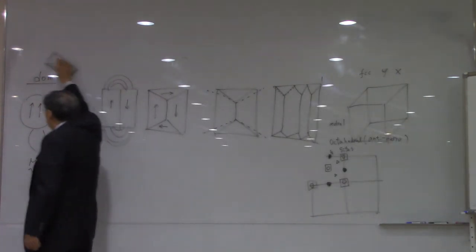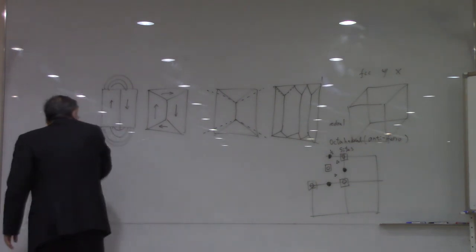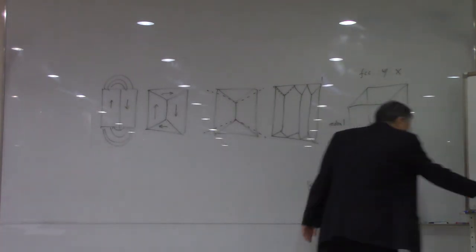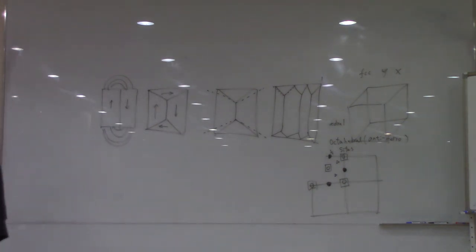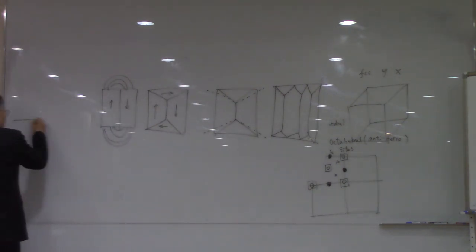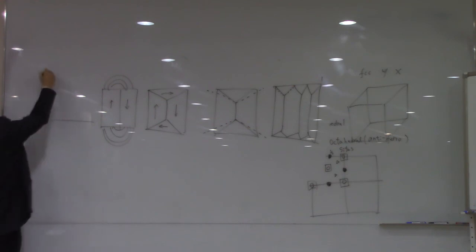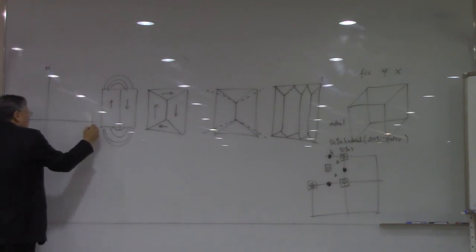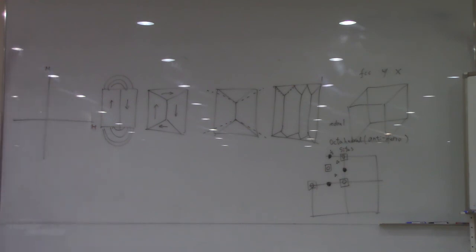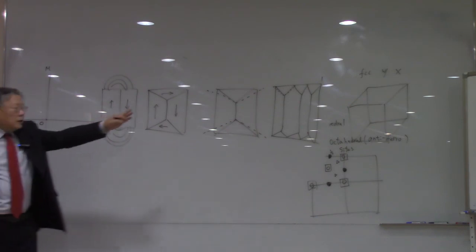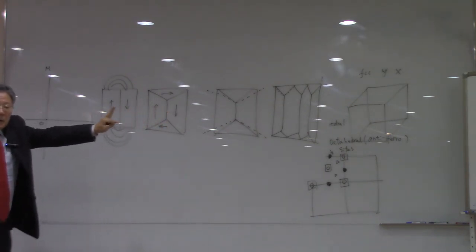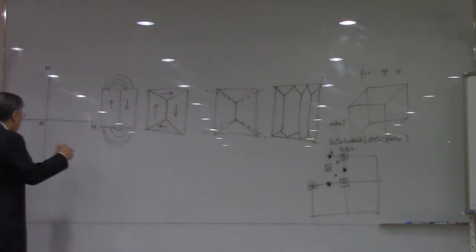If you draw the magnetization curve in this system, you have the magnetic moment and the magnetic field, something like this. Originally, at first, it shows zero because of the conflict of those five magnetic energies.